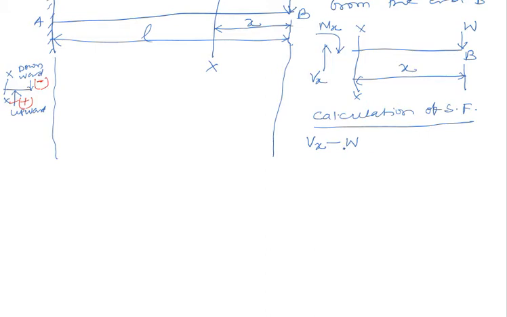That's why we took negative here. So the total algebraic sum is equal to 0. So Vx is equal to W.